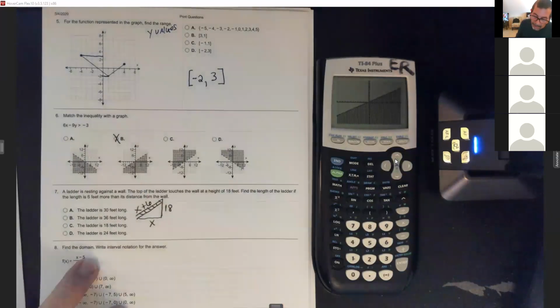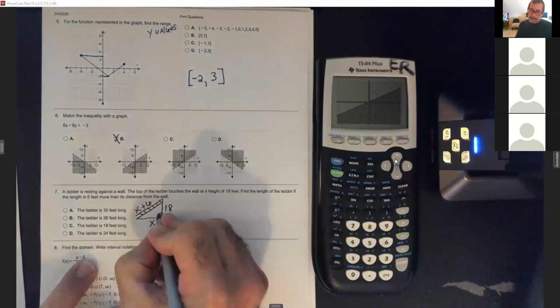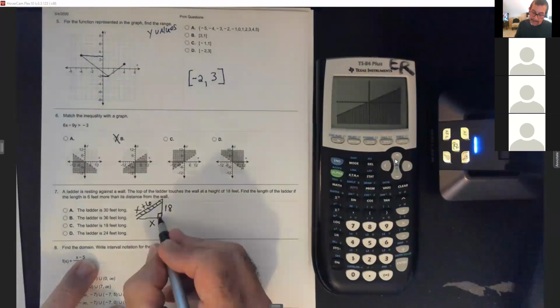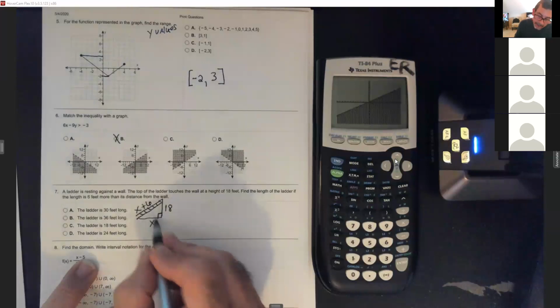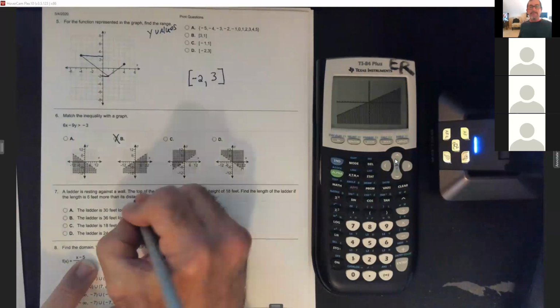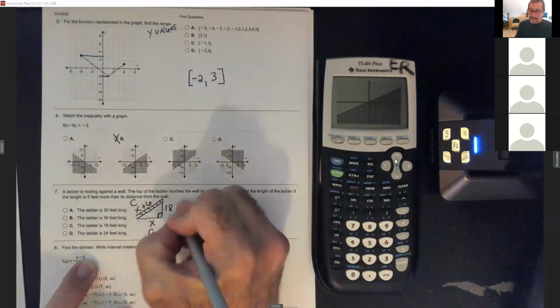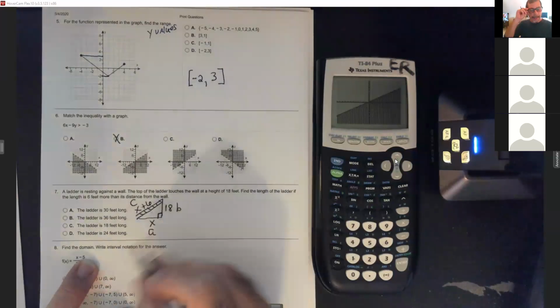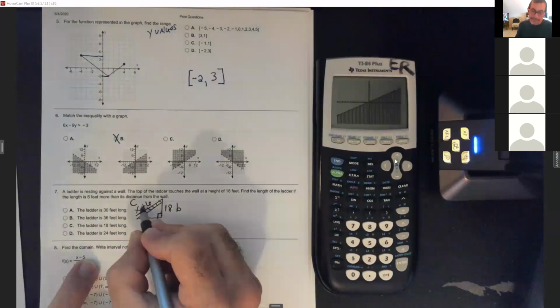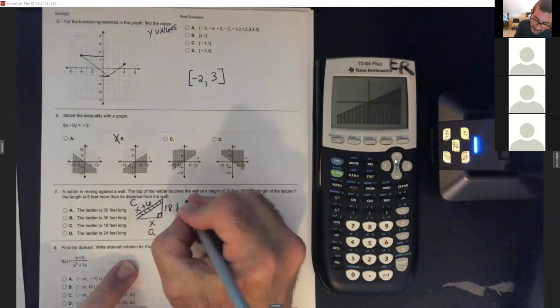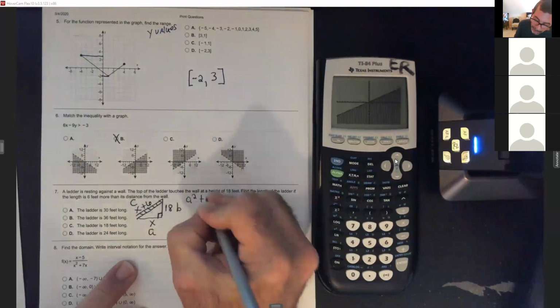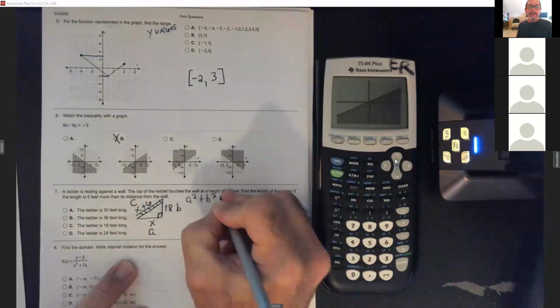So what we got is a right triangle, which means that the side across from the 90-degree angle is your hypotenuse, which will be C. And then that can be A and B. It don't really matter which is which. All that matters is that C is definitely that longest side, okay? So I'm going to use the Pythagorean theorem. A squared plus B squared equals C squared.